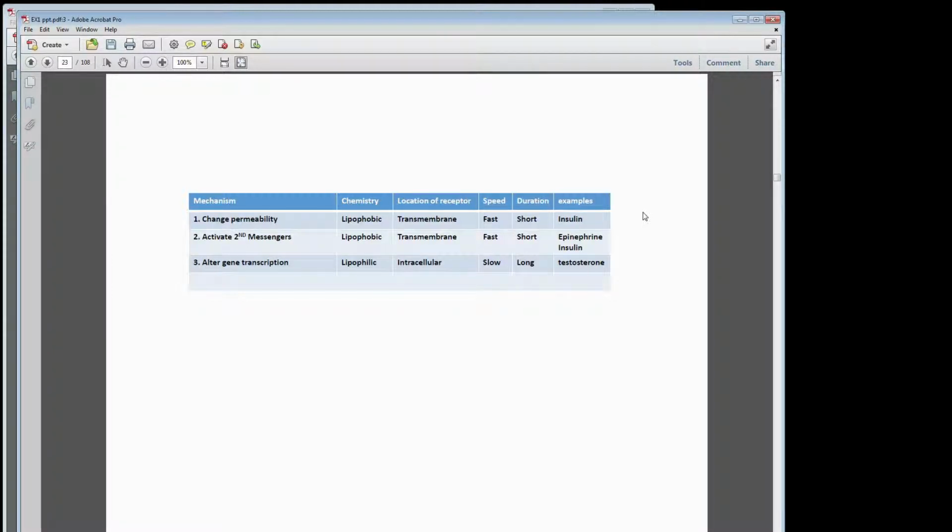Lipophilic, it's a little bit slower. It has to go into the cell. It takes longer to get into the cell. So lipophilic, getting into the cell, is a little bit slower, but it has a longer duration. I guess you could think of it as if you have it floating throughout the entire bloodstream with a helper protein. The lipophilic has a bigger capacity.